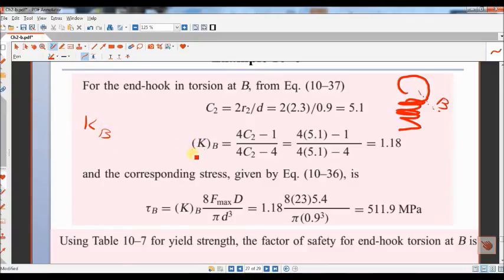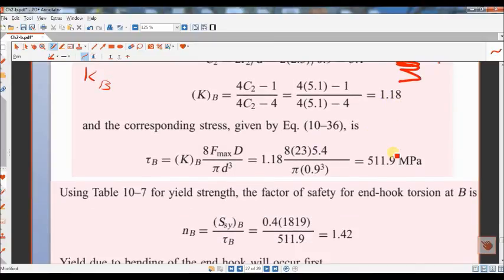That's why we differentiate this Kb by using these two parentheses. So Kb without parentheses indicates the correction factor in the body of the spring, and Kb with these two parentheses shows the correction factor at the location of connection of the hook to the body. And therefore we can find Kb, which is 1 point.